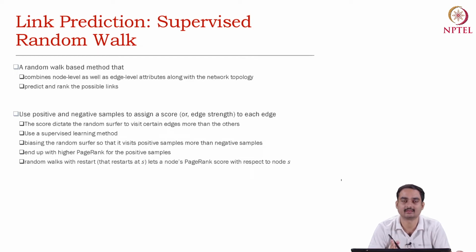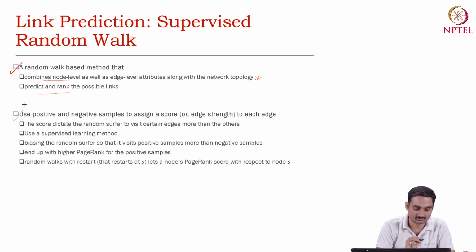We fix a preference in advance, and we allow the random walker to follow those paths most of the time. So this is a random walk based method which combines node level as well as edge level attributes along with the network topology. This is the unique selling point of supervised random walk, and it predicts and ranks all possible links which are going to form.